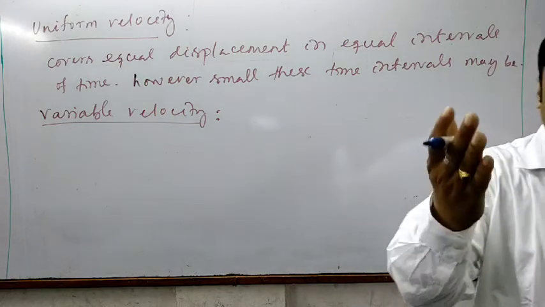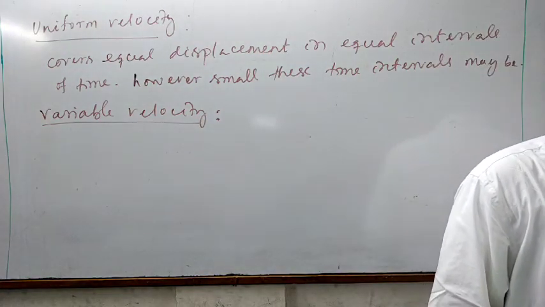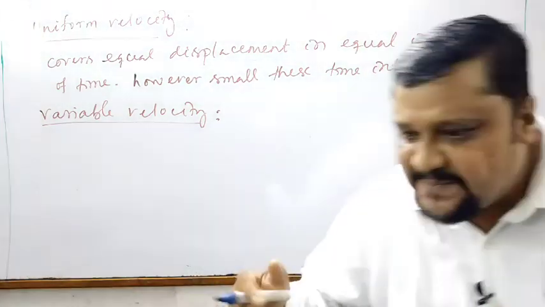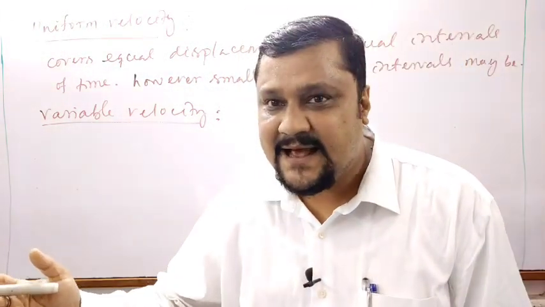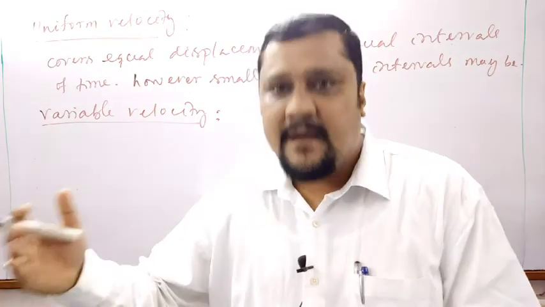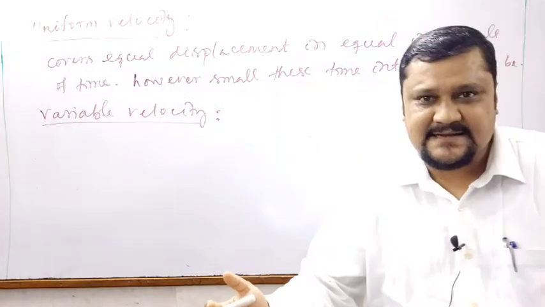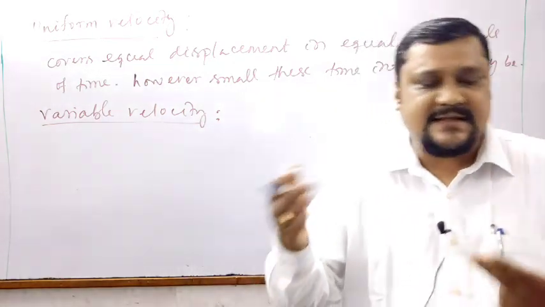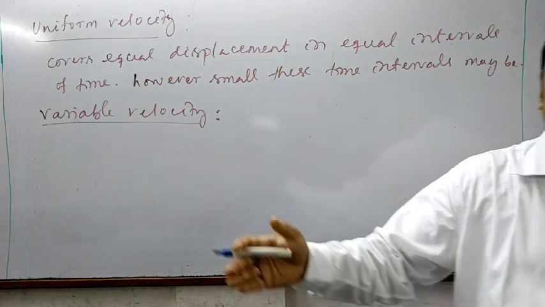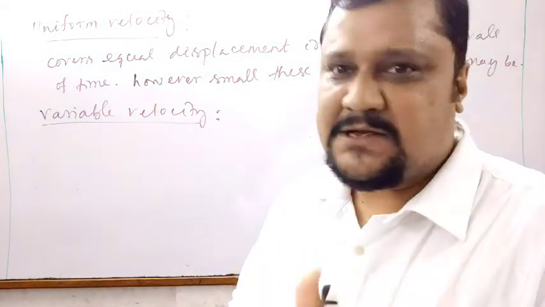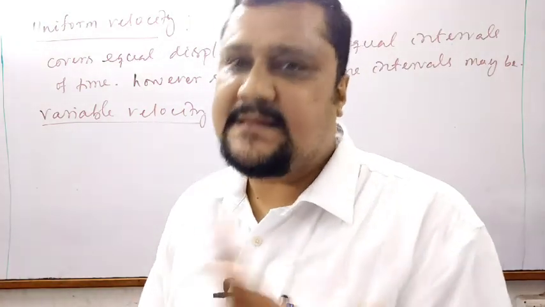You can note it like this: a body is said to be in variable velocity if either its speed changes, meaning the distance traveled with respect to time changes, or the direction of motion changes, because velocity combines two things, speed and direction.